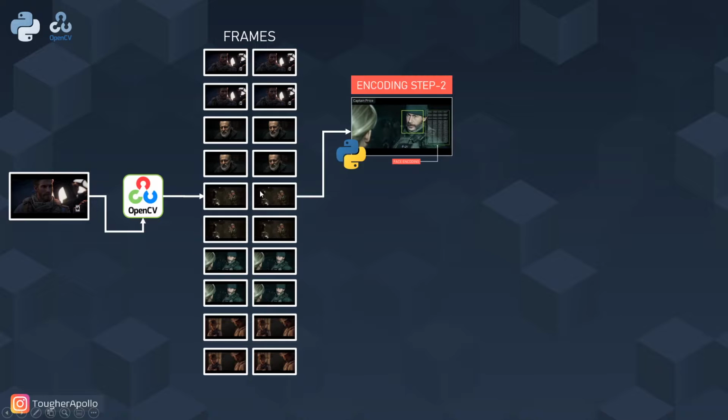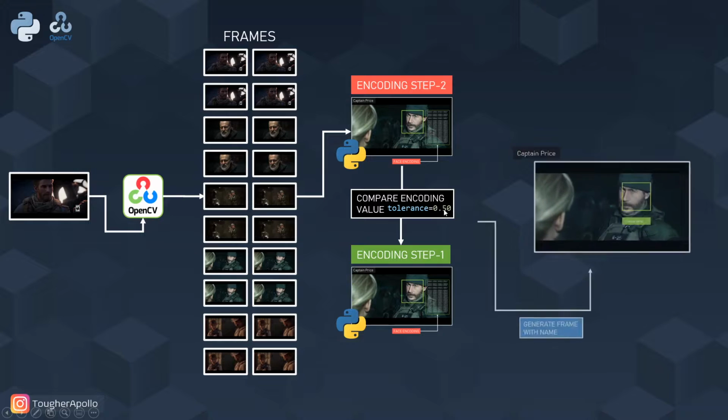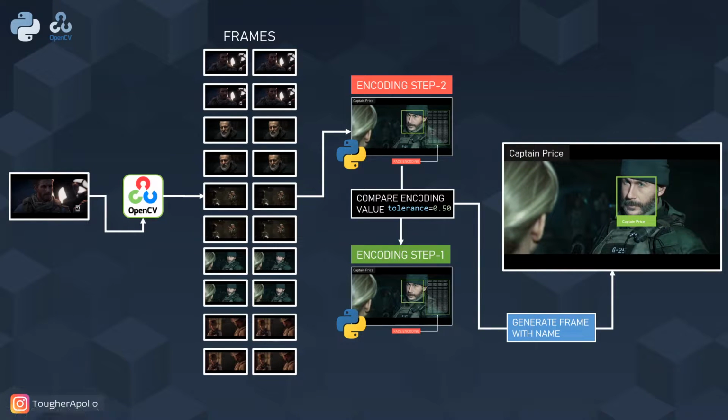And for each frame that we generate using OpenCV, we repeat the encoding process using face recognition to generate the facial points. Okay, and then we take this encoded frame and compare it with the encoded frame that we have generated in step 1 based on the desired tolerance value. So tolerance value I have given like 0.50, and if there is a match, then we create a frame and a name text so that we can show that as a part of the frame itself.